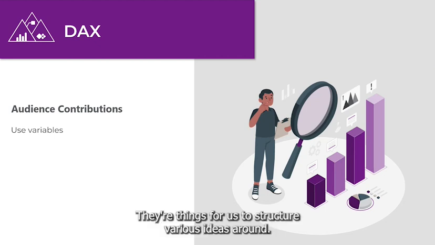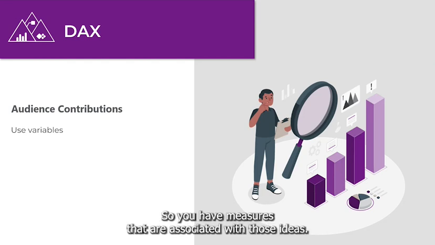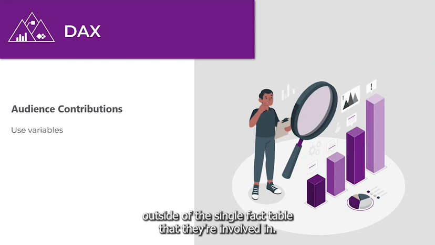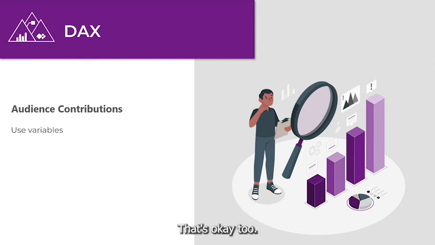They're things for us to structure various ideas around. So if you have measures that are associated with those ideas, they belong on the fact table that they're associated to. If you want to use them outside of the single fact table that they're involved in, that's okay too.